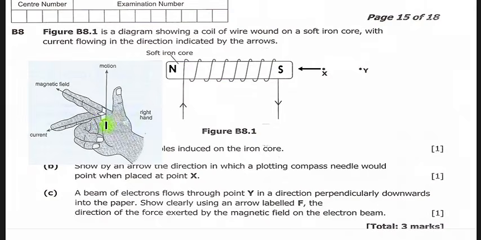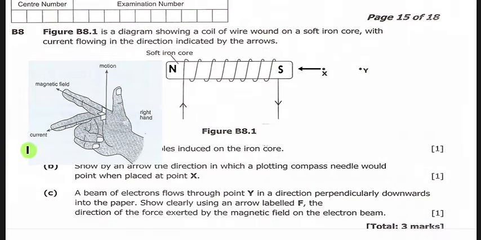If you hold them like that, then this finger will show the direction of movement of whatever is put in the magnetic field, it will move in that way. Then this finger points in the direction of field. Then this finger points in the direction of current. This is current, which will actually be the beam of electrons moving in that way.